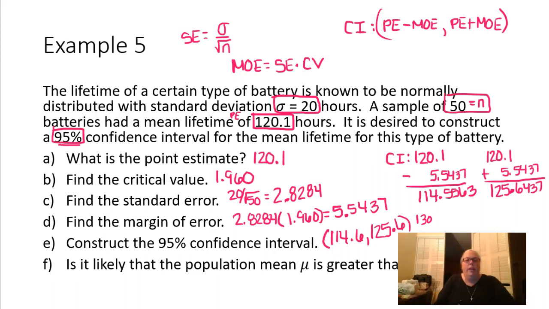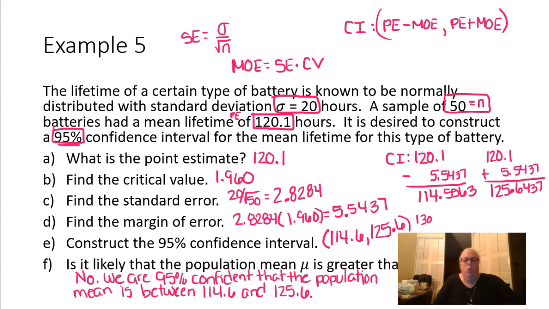And we are right here, 95% confident that the actual mean is going to be in between these two values right here. So it is not likely that the actual mean is 130. No, we are 95% confident that the population mean is between 114.6 and 125.6.